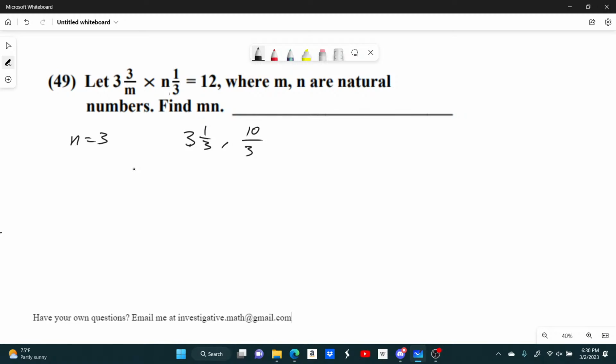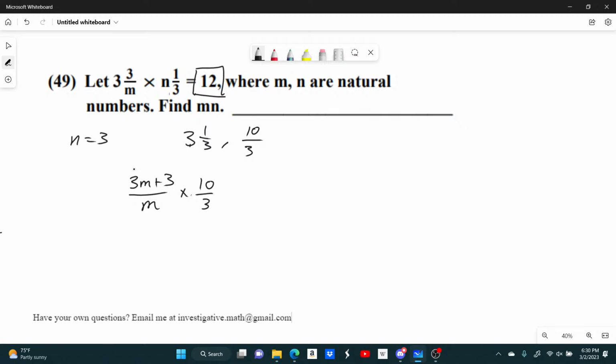And so if you think about it, 3 times 3 over m would be improper, right? That would be 3m plus 3 over m, and then that's multiplied by 10/3. Well, in order for this to come out evenly, we're going to have stuff cancel. And so m is going to have to be a number that will cancel out with 10.